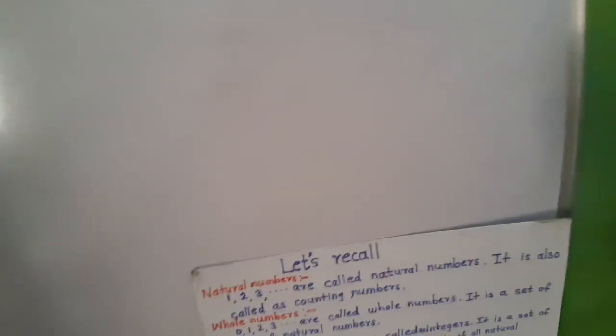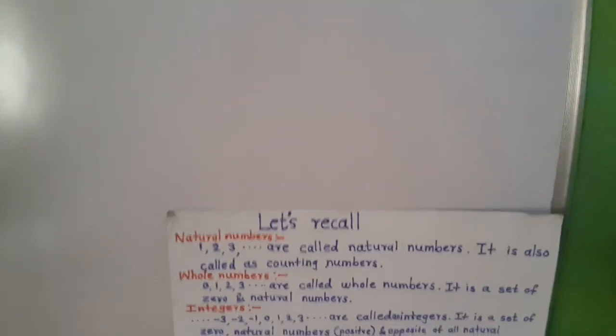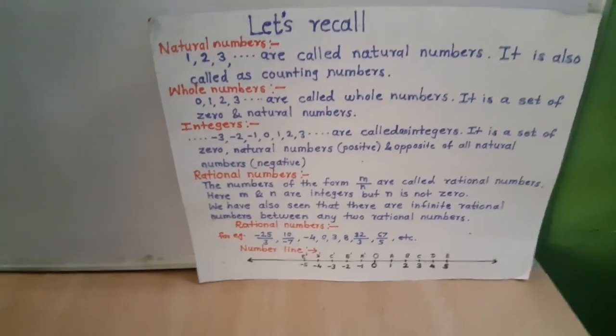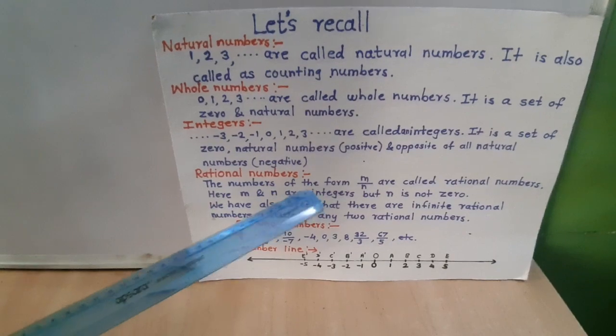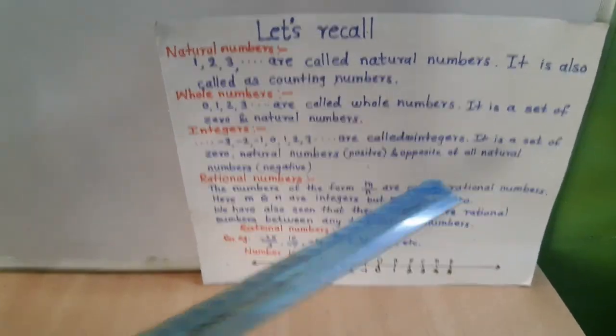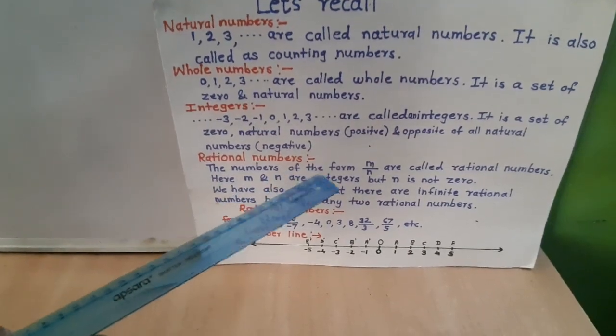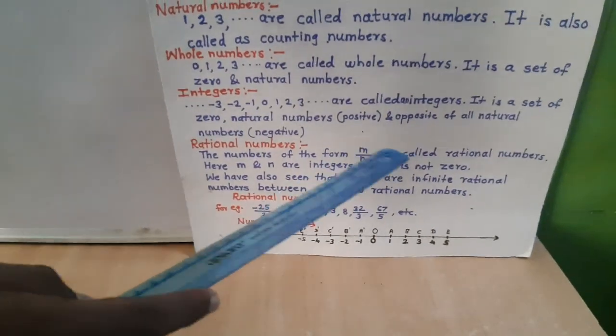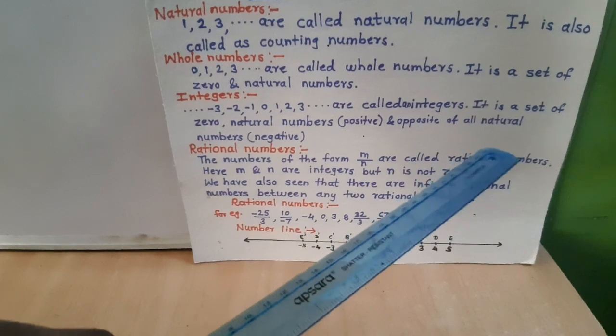Now, we consider what a rational number is. A number of the form m upon n is called a rational number. I repeat again, why?